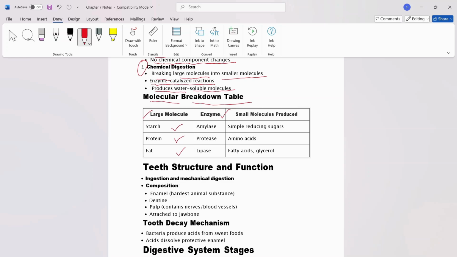The enzymes that act on these: on starch is amylase, on protein it is protease, on fat it is lipase. The small molecules produced are simple reducing sugars from starch, amino acids from protein, and fatty acids and glycerol from fat.